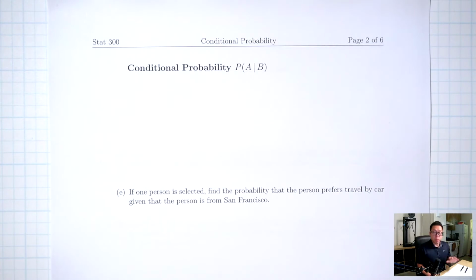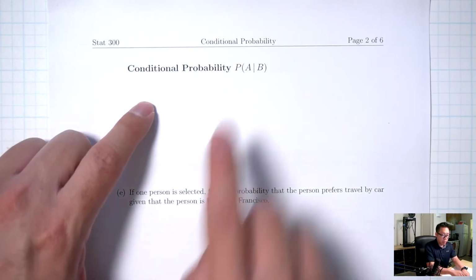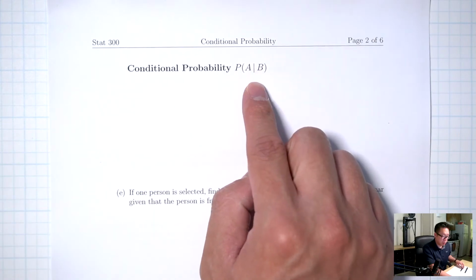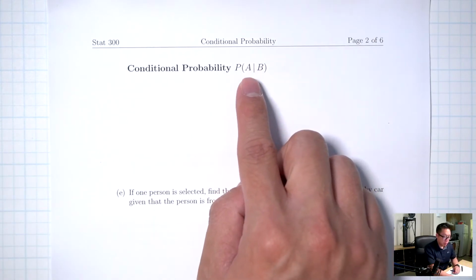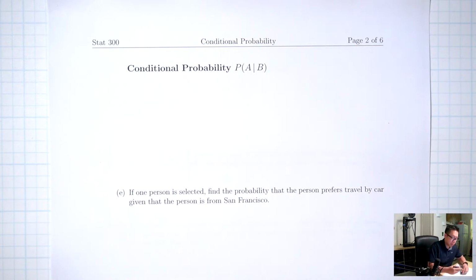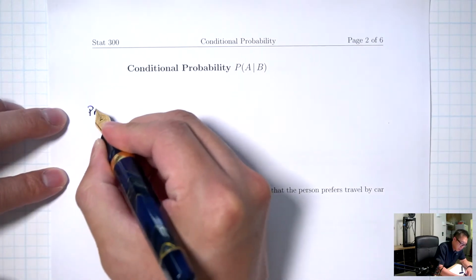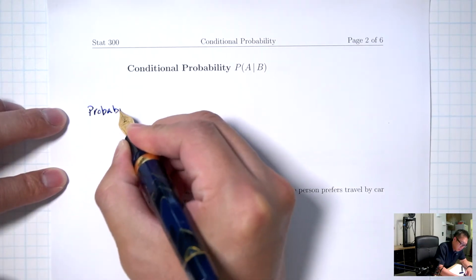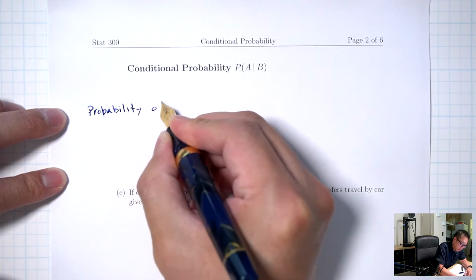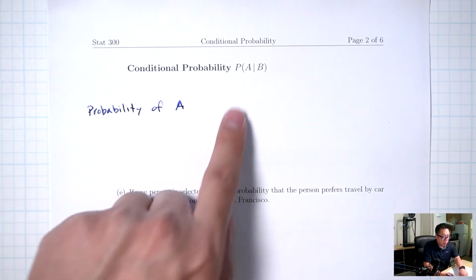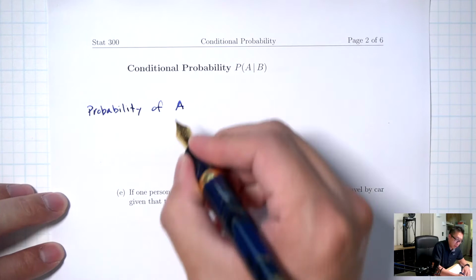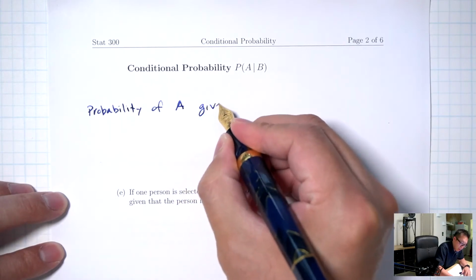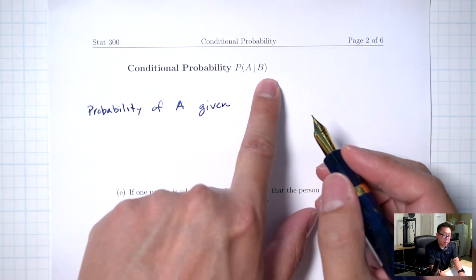Today we're going to talk about three new concepts. The first of which is called conditional probability. And this is the symbol for conditional probability. What it means is the probability of A given B. The vertical line stands for the word "given" that B already occurred.